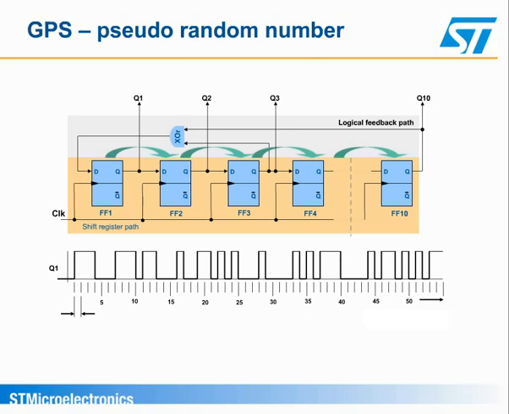Depending on the keys used for the feedback paths, different unique numbers can be generated. Clocking the shift registers, we get a unique digital code, which in the case of GPS repeats every 1023 clocks. Each of these bits is called a code chip of the PRN code. Note that these are not data bits, as they are always the same for the same satellite.